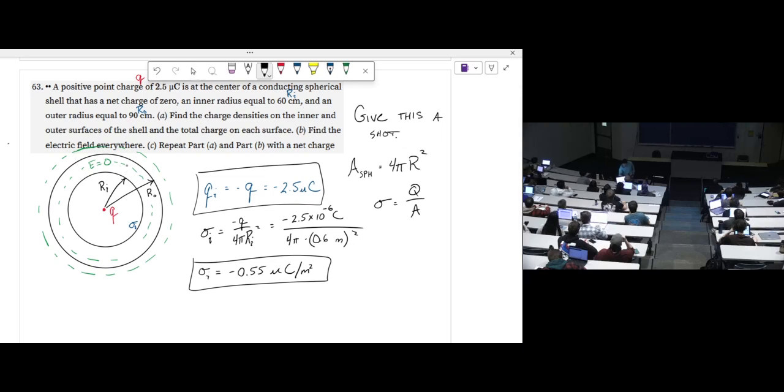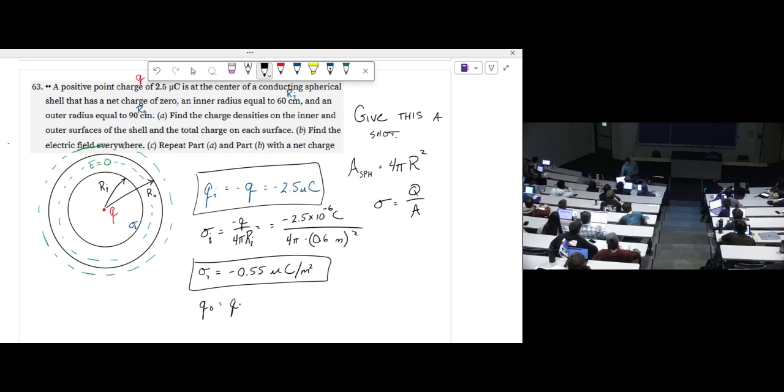How much charge is at the center is plus Q, so the charge on the outer wall is equal to Q. No, that's not the right way to reason that. Let's think about that instead.